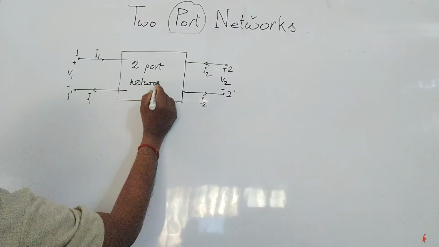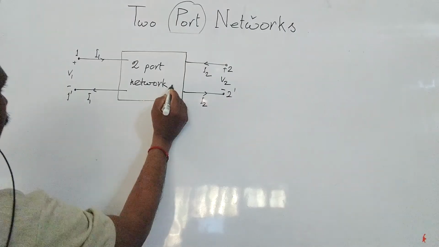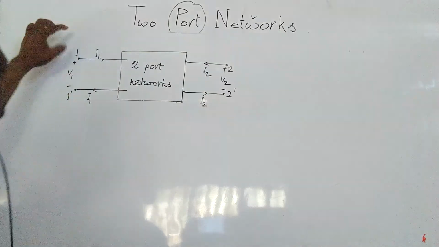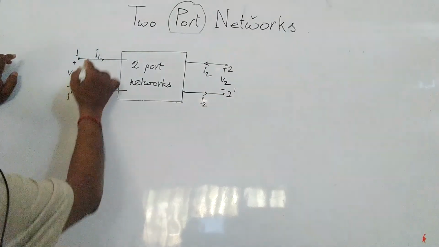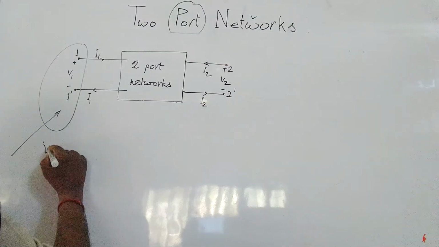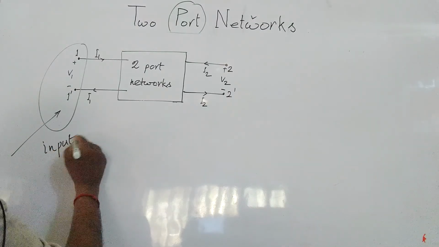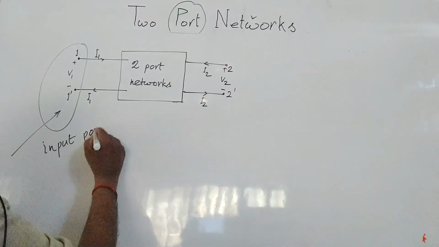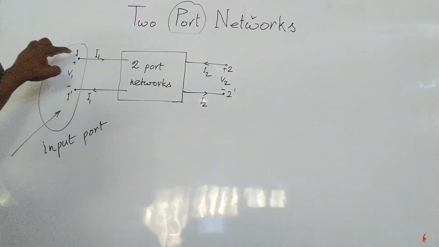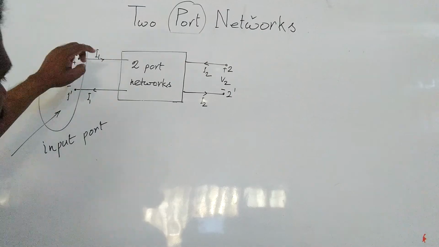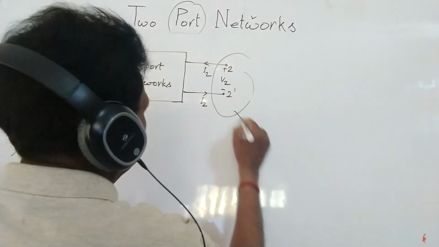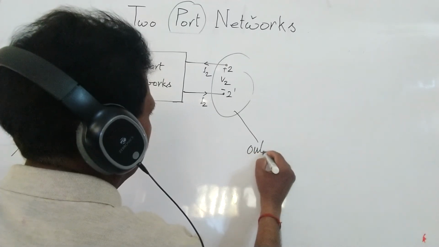These two-port networks have two separate ports. This one port is known as the input port. Generally from here current enters, and this other port is known as the output port.